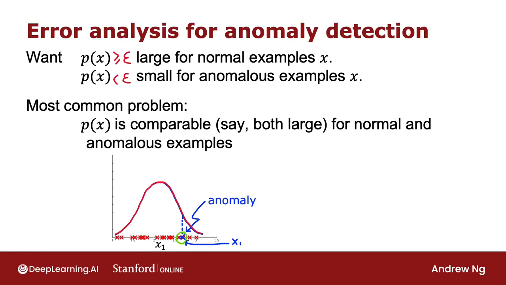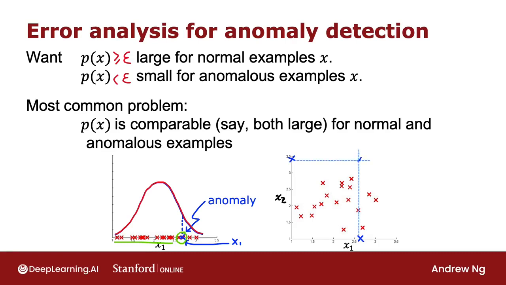But if I discover that this user has some insanely fast typing speed, and I add a new feature X2 that is the typing speed of this user, and it turns out that when I plot this data using the old feature X1 and this new feature X2, X2 stands out over here, then it becomes much easier for the anomaly detection algorithm to recognize that this is an anomalous user.